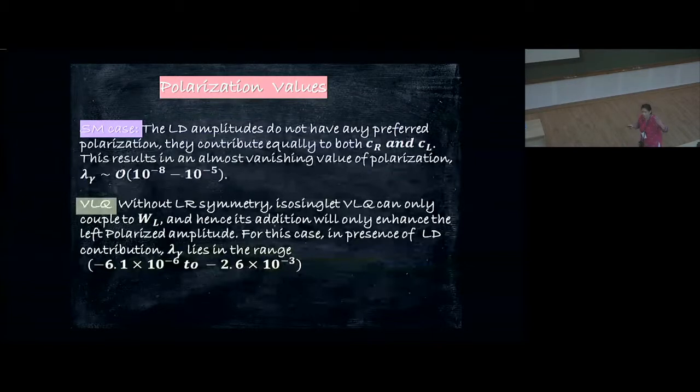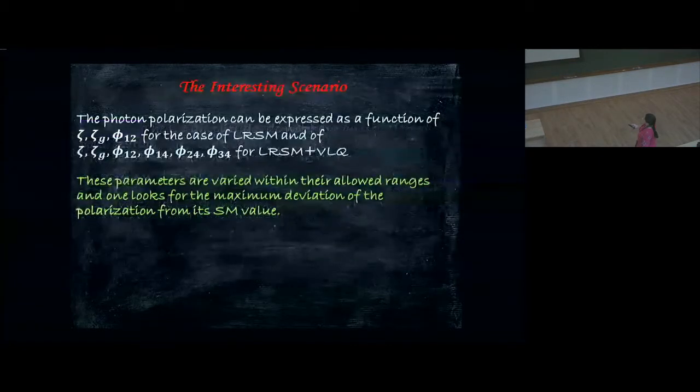You had the left-handed one from the short-distance part, but the long-distance effects, being much larger for the standard model, reduce it to 0. What we did was express the photon polarization as a function of all the parameters in our left-right model and the vector-like quark model, and then varied them in their allowed ranges, and looked for the maximum deviation of the polarization from the standard model value.